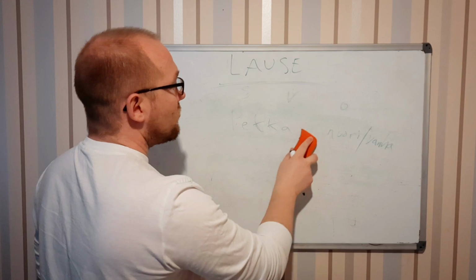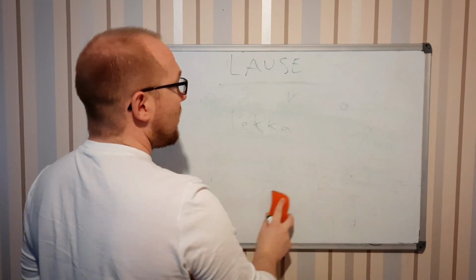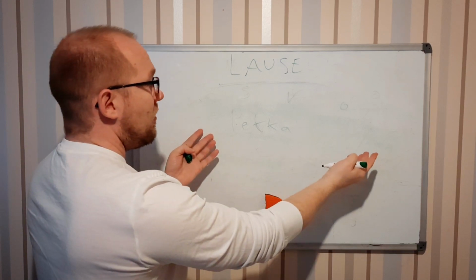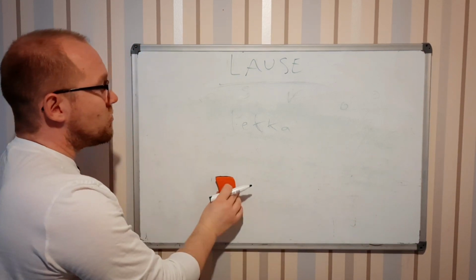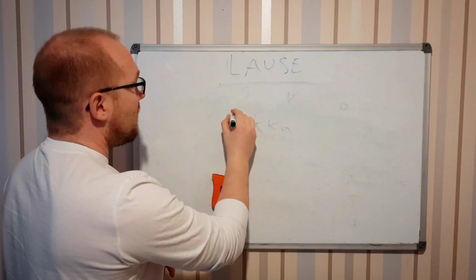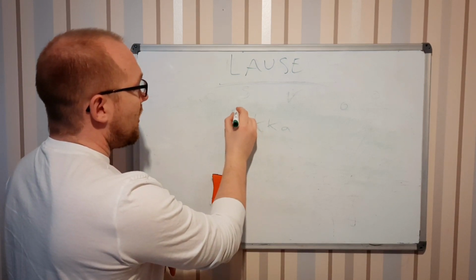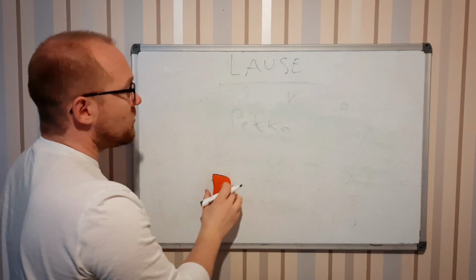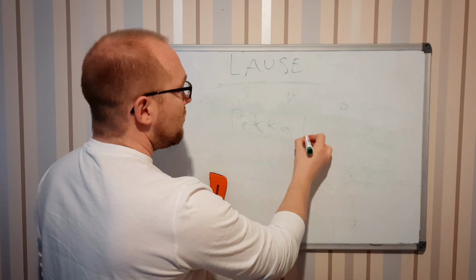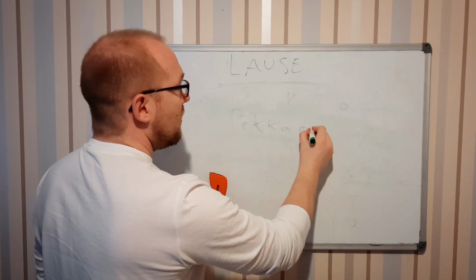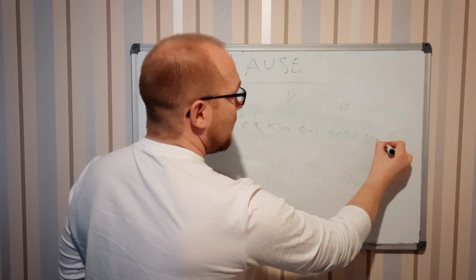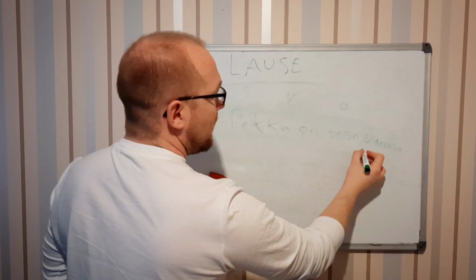Also thinking about how to take this further. How to use, for example, some other describing words, like Pekka on tosi vanha, or tosi nuori.